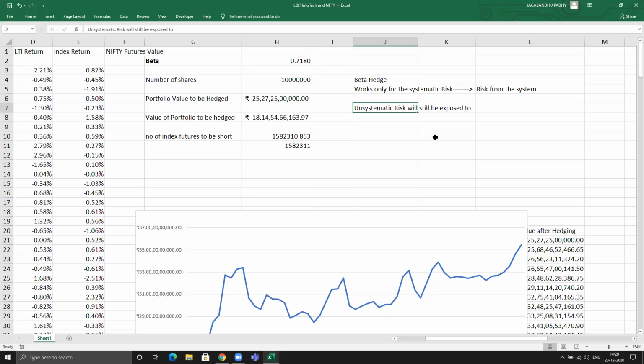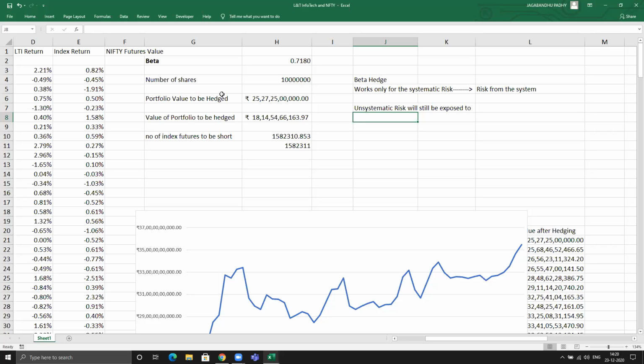Suppose I scale the risk in a particular stock to be 100. Out of that, how much percentage is systematic risk and how much is unsystematic risk? Can we calculate that? Any statistical tool that you are aware of, with which we can find out how much of the risk of a stock is the systematic portion and how much is unsystematic?